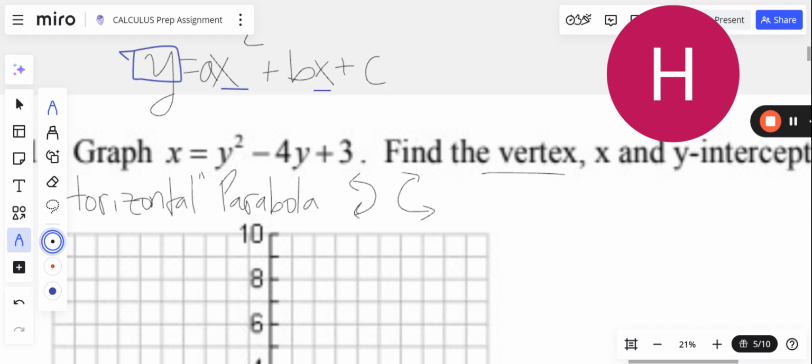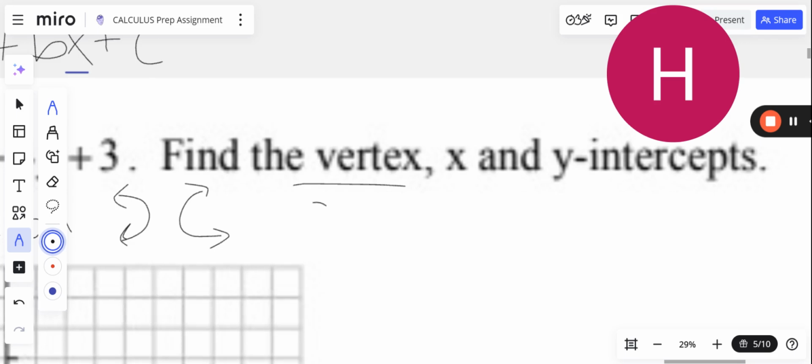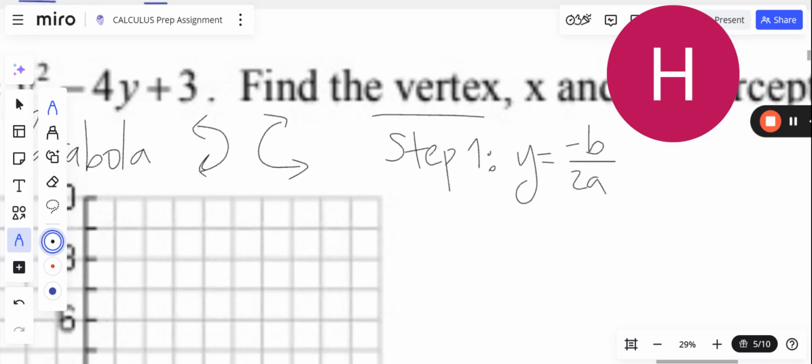The only difference is that when we're looking for the axis of symmetry, which is step 1, instead of saying x equals negative b over 2a, I'm going to say y equals negative b over 2a. Really similar to the first step of finding the vertex of a regular quadratic equation. But since we switched the x and y's, we're going to switch the x and y's here as well.